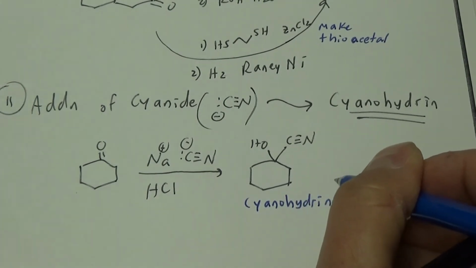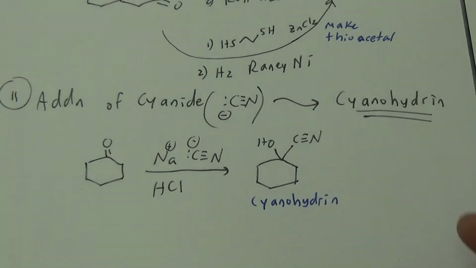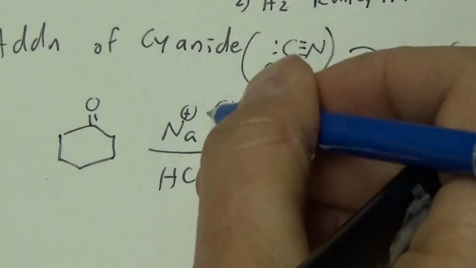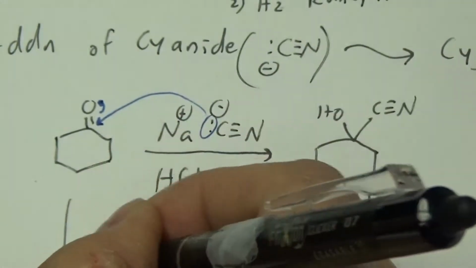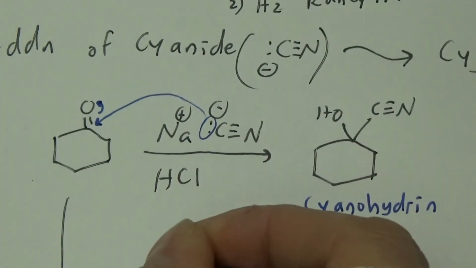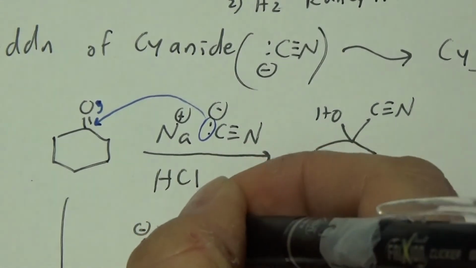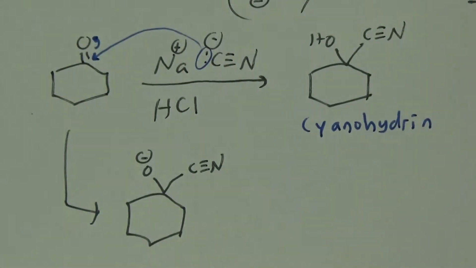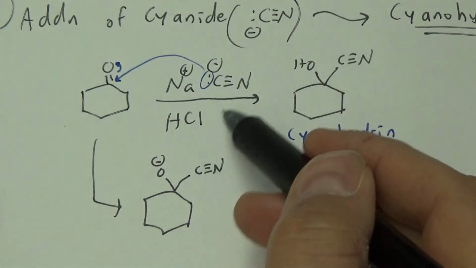And the mechanism is totally crazy. I'm just kidding, it's very easy. It's just like a Grignard. So the Grignard attacks. Like a Grignard would attack, sodium cyanide attacks. What do you get? O minus, C triple bond N. And in a Grignard, it's usually like you do the Grignard and then step 2 is water, right?